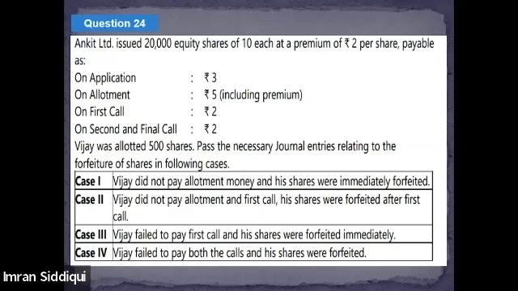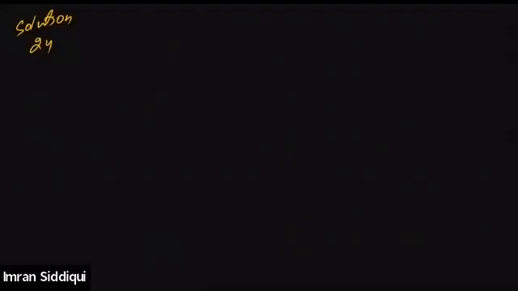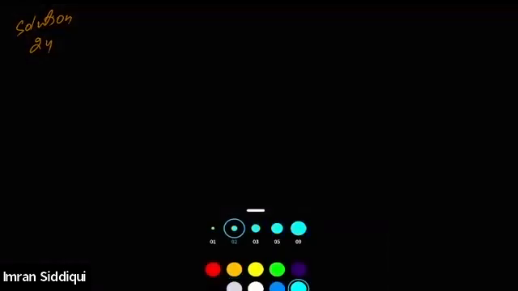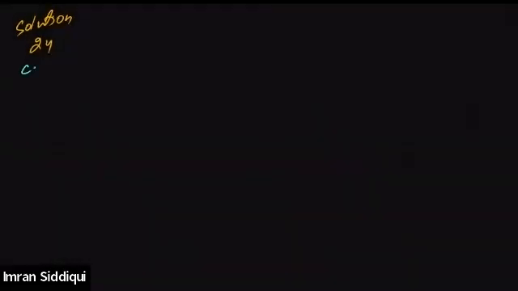So that means this time the company asked for the first call, and when Vijay did not pay the first call as well, the company decided to cancel his shares. That means this time the final call is not made. Since you guys are making mistakes solving this, let me explain.